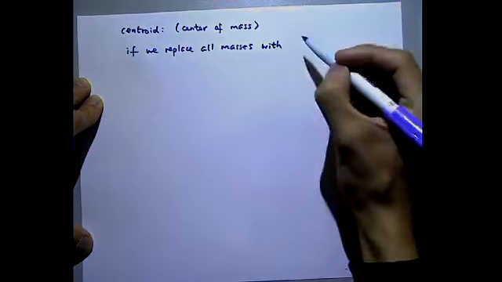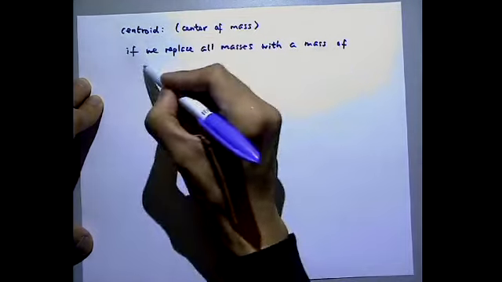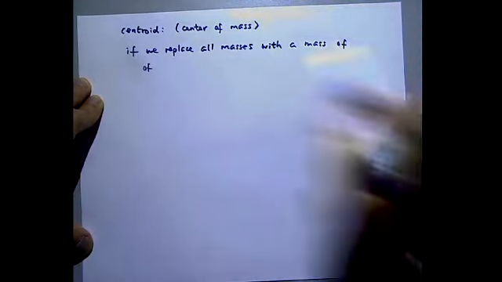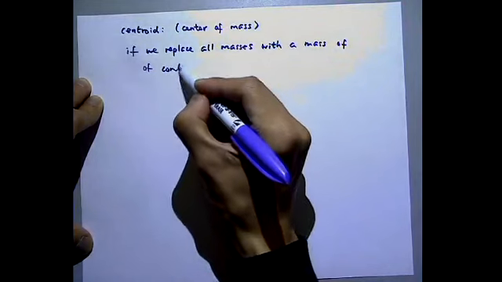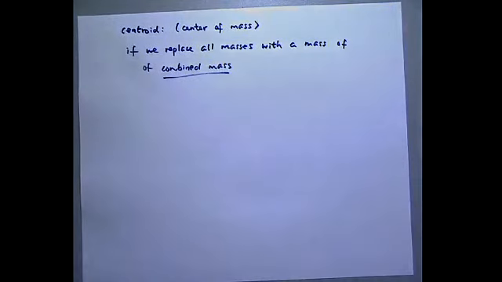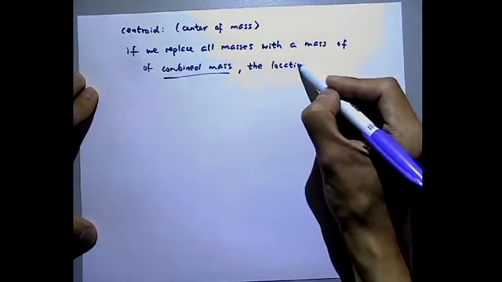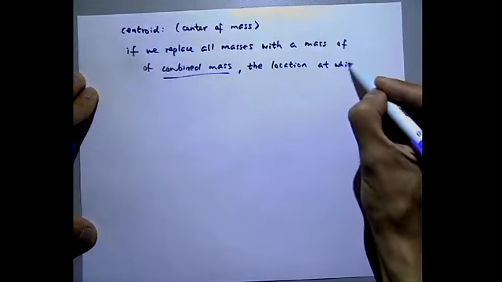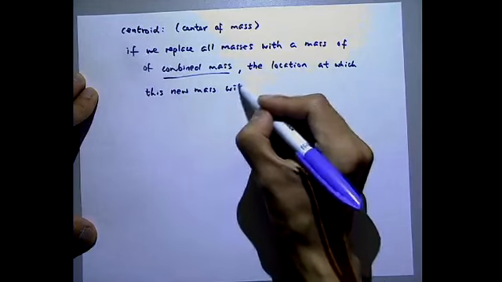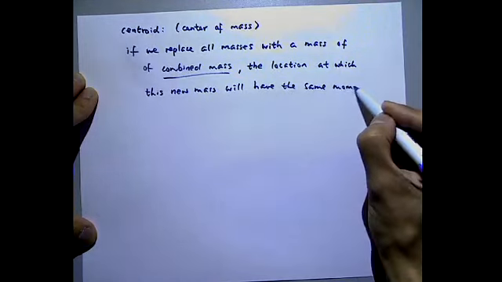if we replace all the masses with a single combined mass, the centroid is the location at which this new mass will have the same moment.